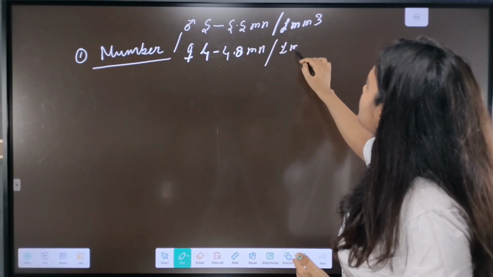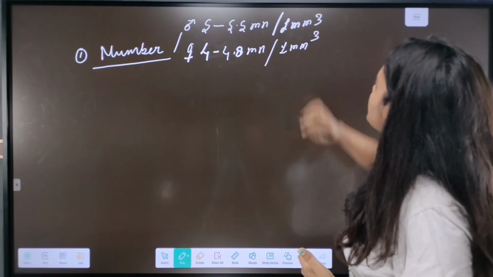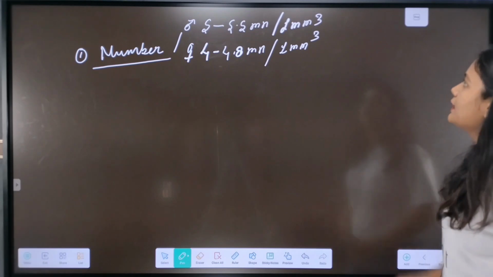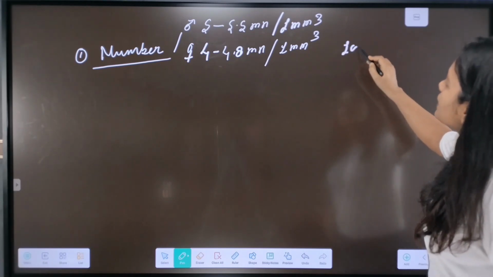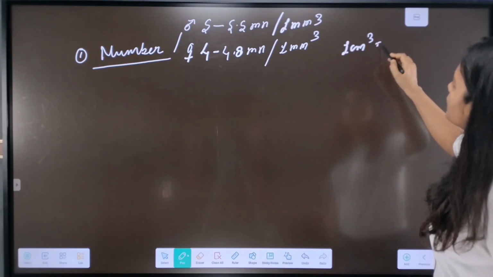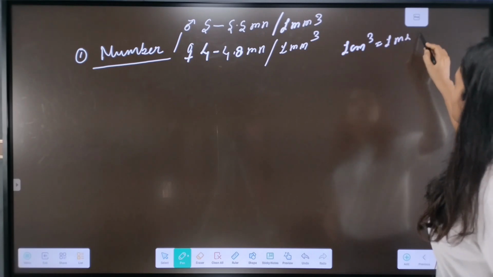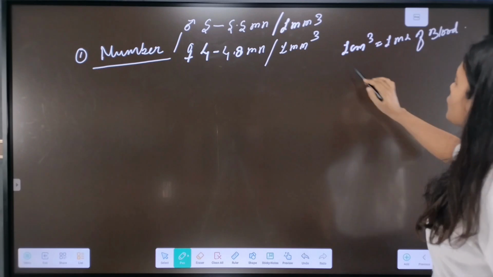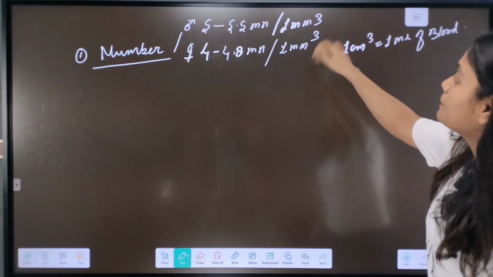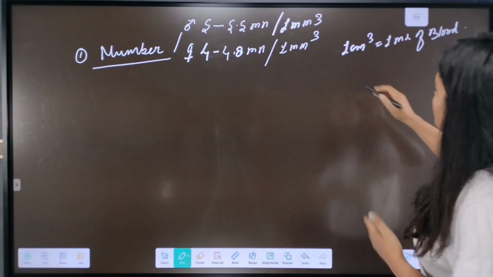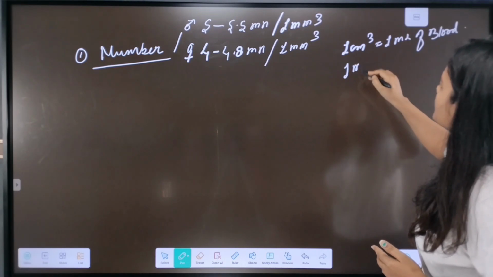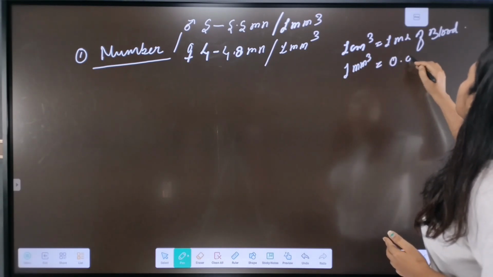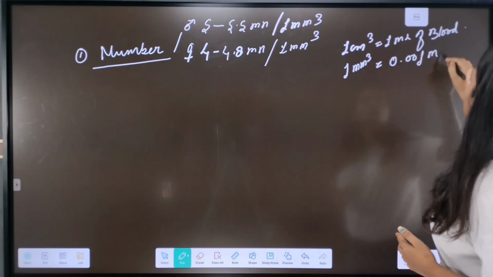it is about 4 to 4.8 million per cubic millimeter of blood. Okay, as we know from our very previous classes, 1 cubic centimeter equals 1 ml of blood. So you can imagine 1 cubic millimeter will be less than 1 ml. 1 cubic millimeter equals 0.001 ml of blood.